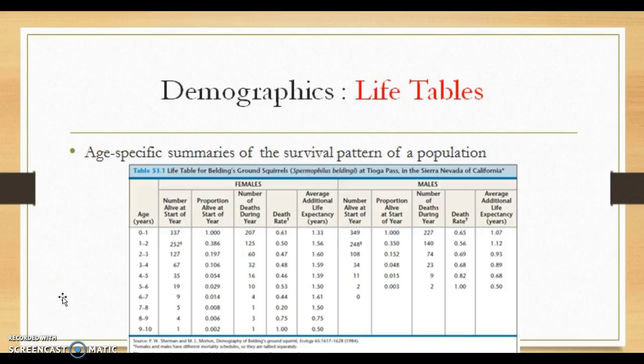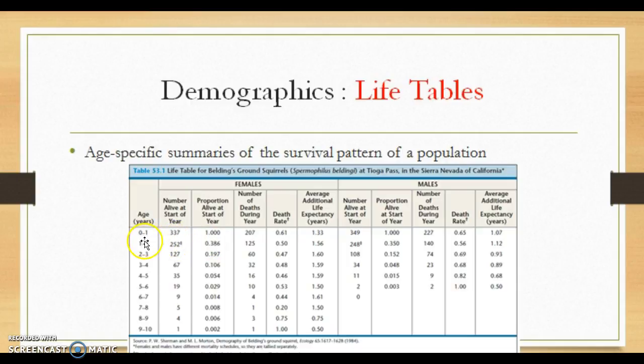Life tables are used to show, in a cohort of organisms, how many are alive at each age. So age 0 to 1, age 1 to 2, 2 to 3, 3 to 4, and so on. Of the initial cohort of 337, all of them are alive. 100% of them are alive.